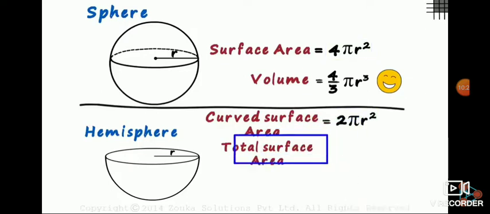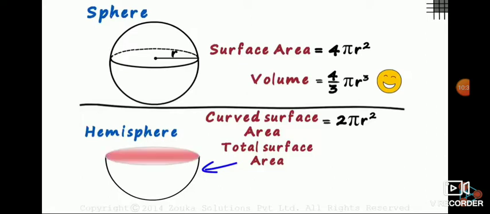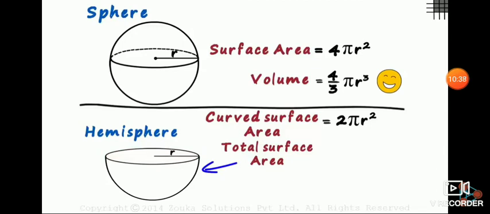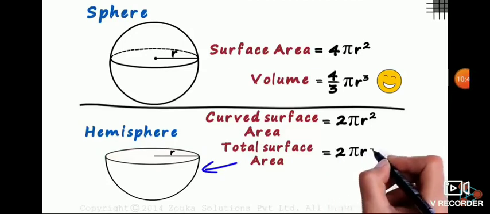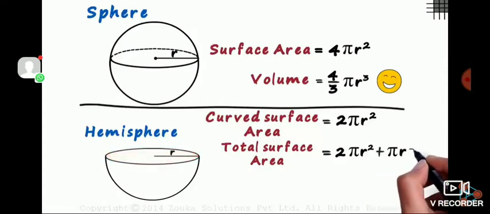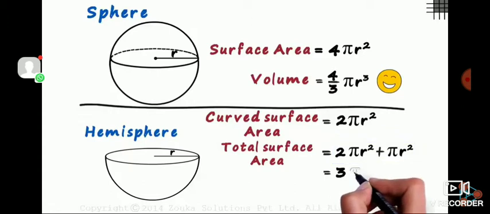What about the total surface area? The total surface area will be the sum of the area of the curved surface and the area of the circle on top. We have figured the area of the curved surface to be 2 pi r squared. The area of the circle on top will be pi r squared. Adding these two, we get 3 pi r squared.